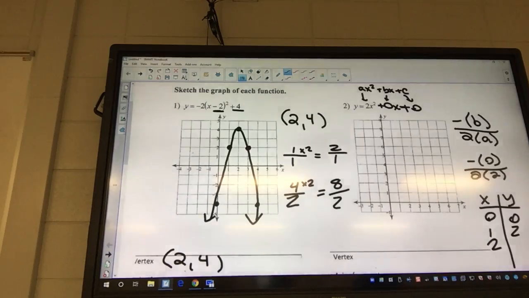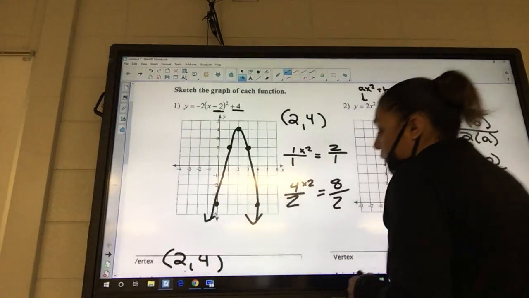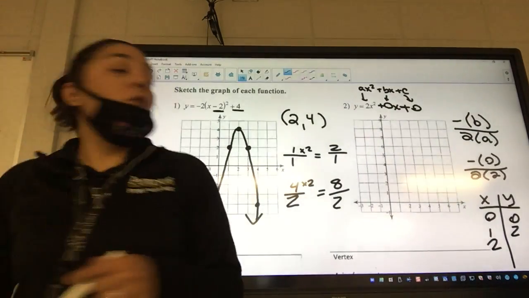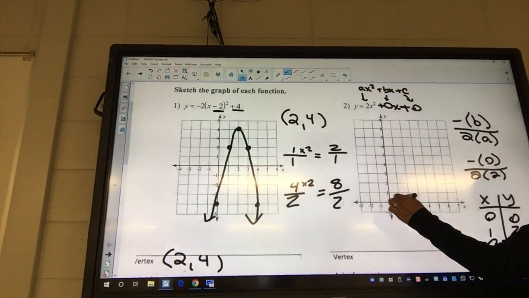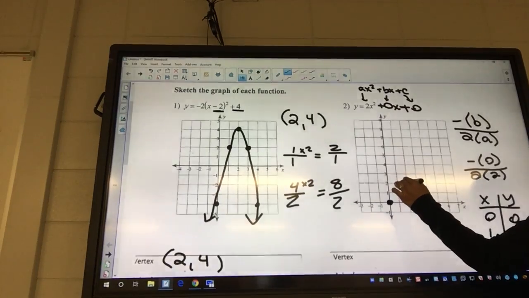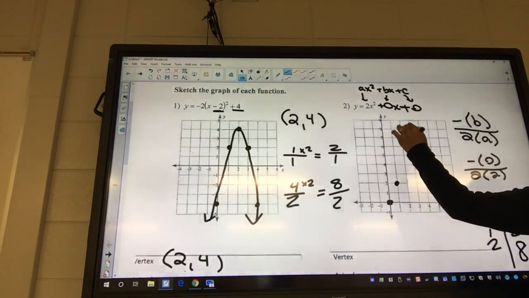You're gonna type in 2 in parentheses, because that's our number on our chart. Close your parentheses, squared. Should be 8. Okay, and so now we're ready to plot. We can plot 0, 0, 1, 2, and 2, 8.